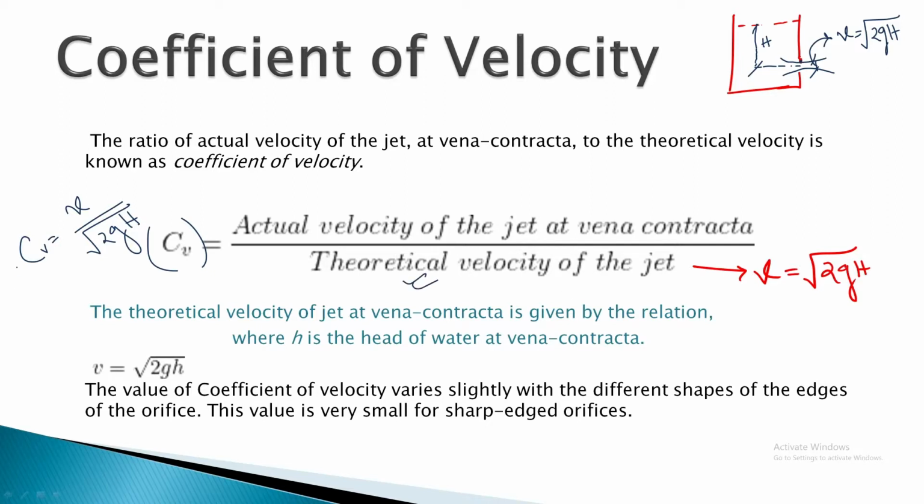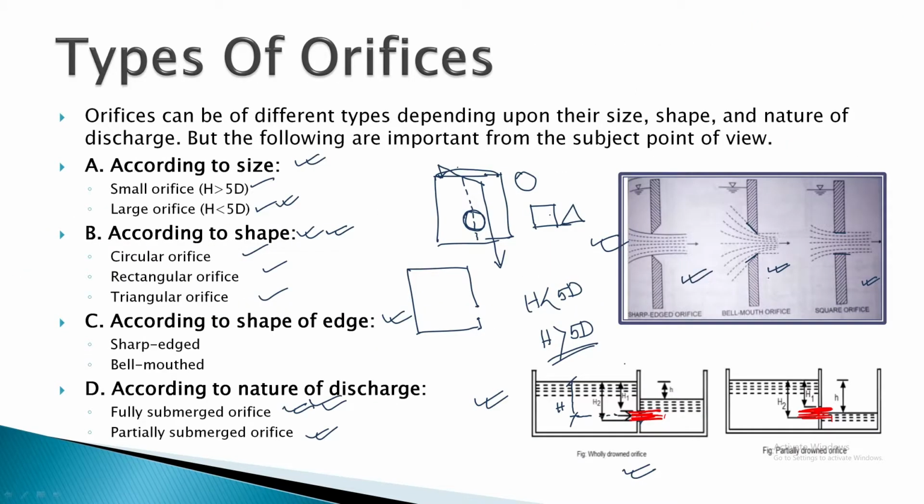So we put the actual velocity over here and get the value of Cv. This value of the coefficient of velocity varies slightly with the different shapes of the edges of the orifice. We know there are various shapes, like the sharp-edged orifice, the bell mouth orifice, and the square orifice.